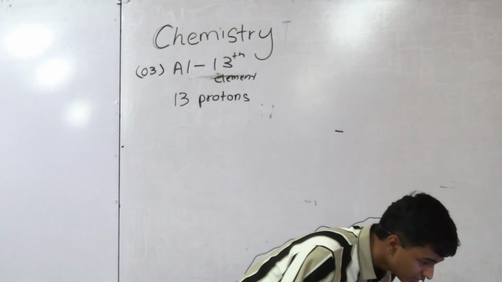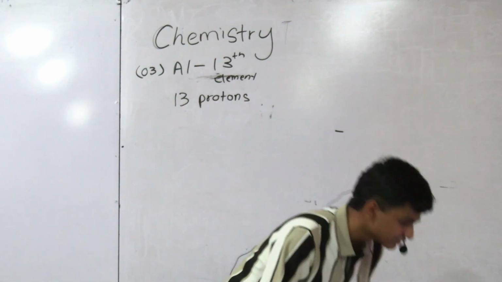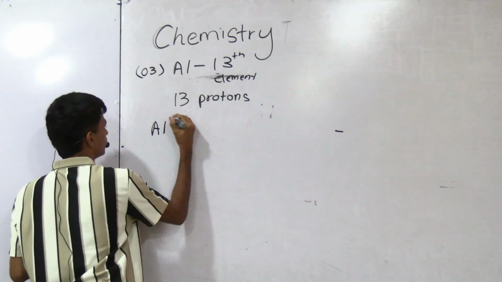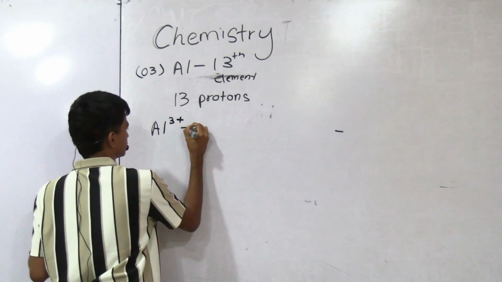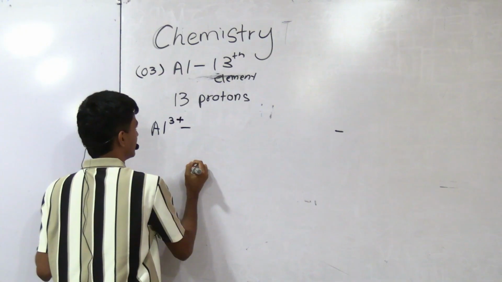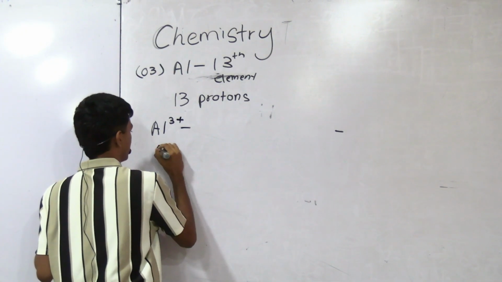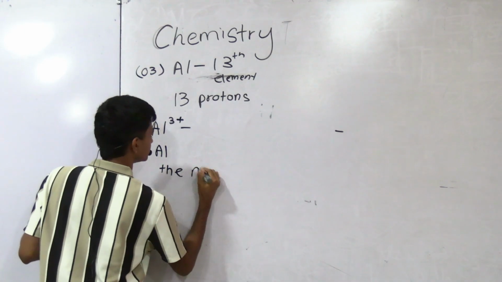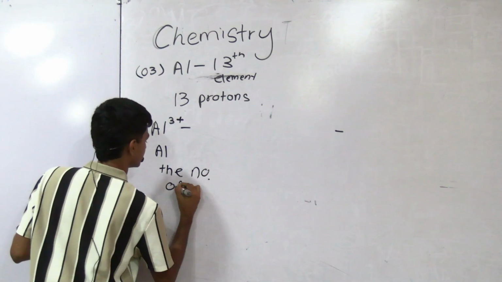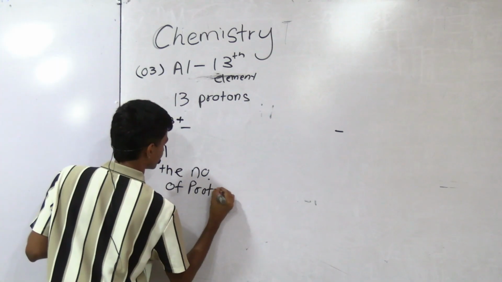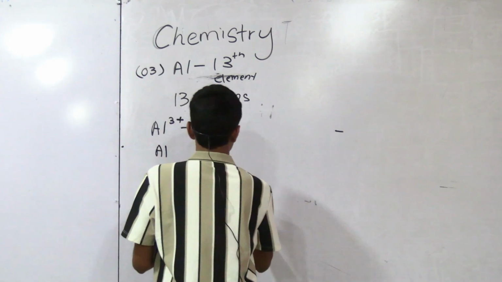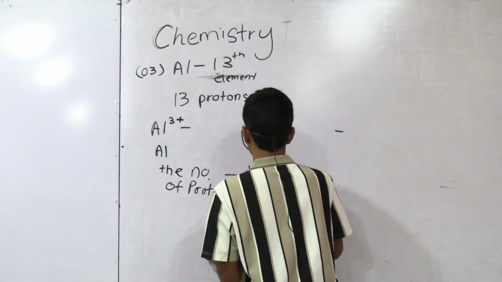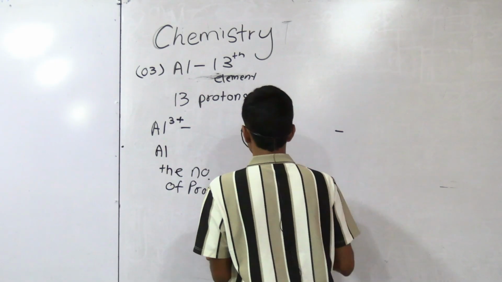The number of electrons. So they ask about aluminium 3 plus, not aluminium. We know that in normal aluminium the number of protons is the same as the number of electrons, right?